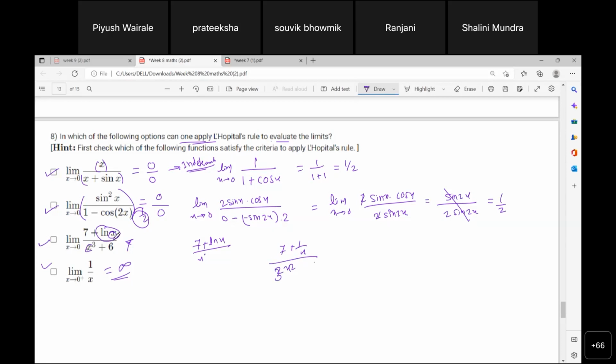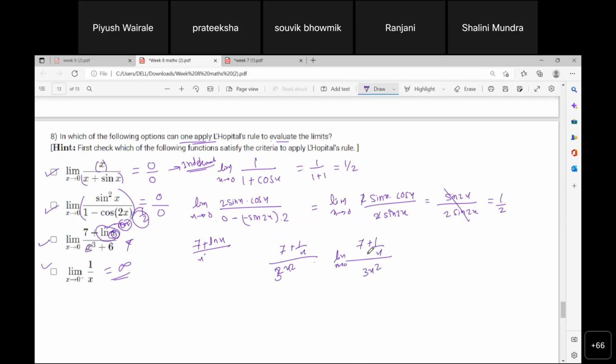But it is not an indeterminate form. If you put x equals to 0 here, it does not exist, right? Yeah, but what I'm asking is, suppose you differentiate again, it's coming to infinity by 0 form. So you can't differentiate it further, right?